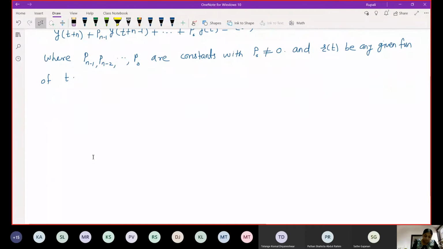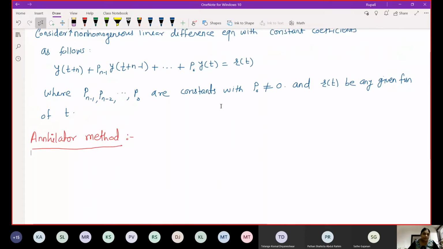Okay. So first method is annihilator method. So what is the idea of this annihilator method is, we have to annihilate this r of t.